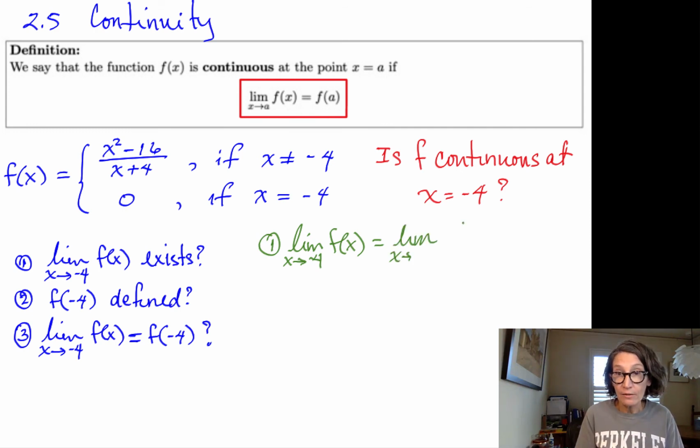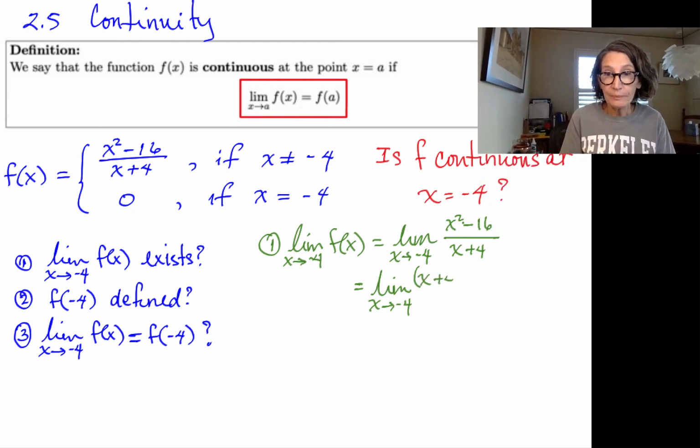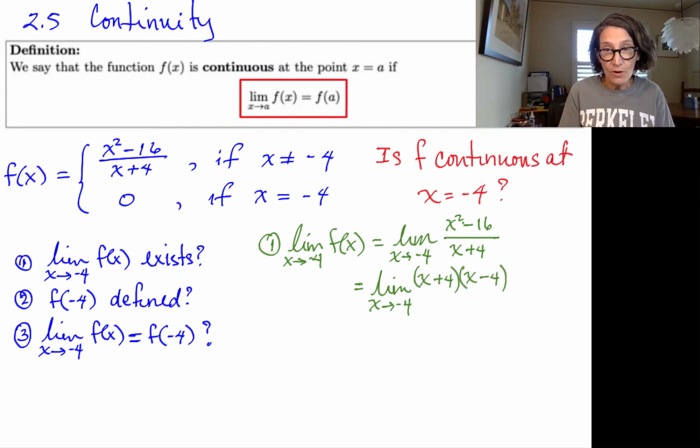So we have to take the limit as x approaches negative 4 of x squared minus 16 over x plus 4. So we know how to do that. We factor the numerator. So this is going to be the limit as x approaches negative 4 of x plus 4 times x minus 4 over x plus 4. Canceling, this is equal to the limit as x approaches negative 4 of x minus 4.